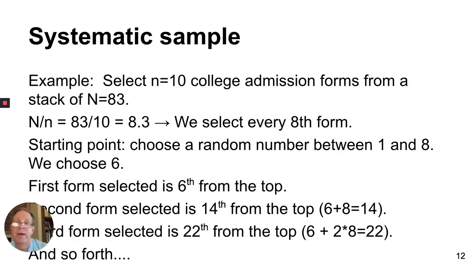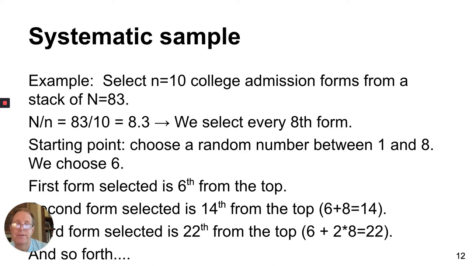Suppose I select a sample of 10 college admission forms from a stack or a population of 83. 83 divided by 10 tells me I should be sampling about every 8.3 admission form, so I select every 8th form. My starting point, I have to choose randomly. I choose a random number between 1 and 8. I chose 6. So the first form I select and read is the 6th form from the top.